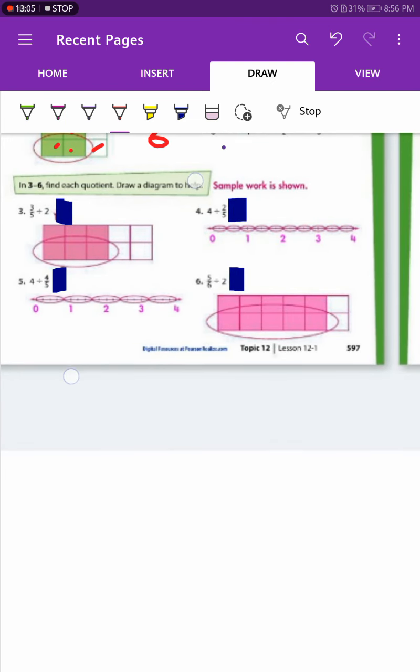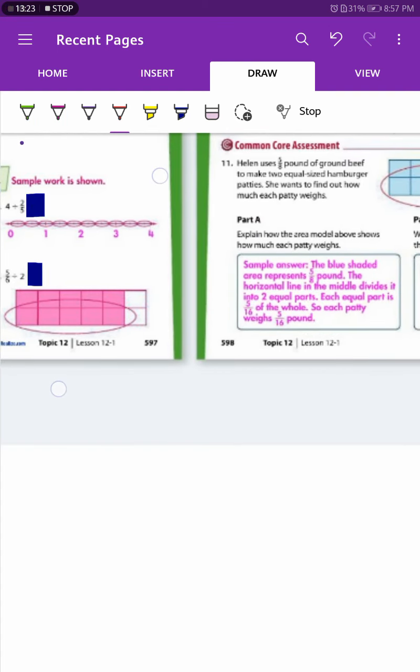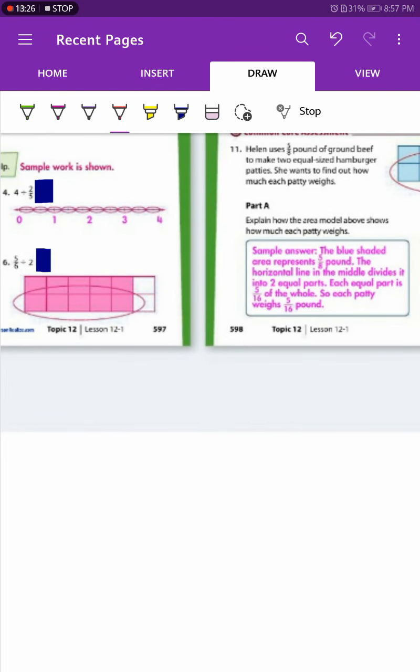Here, 3 over 5 divided by 2. What is the answer? 1, 2, 3 out of the whole parts. Count it: 4, 5, 6, 7, 8, 9, 10. 3 out of 10. Here, what is the answer? 1, 2, 3, 4, 5.